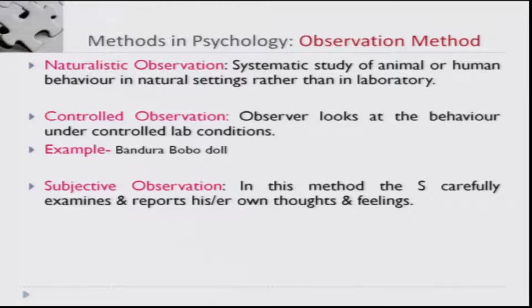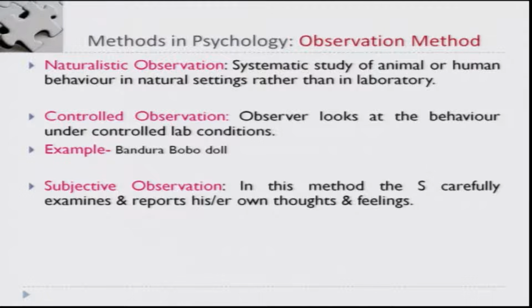So, the only option left is that you as an observer go to the naturalistic surrounding and make the observation. The second is controlled observation, where the observer looks at the behavior under controlled lab conditions. Bandura's Bobo doll example is a very famous example of controlled observation.